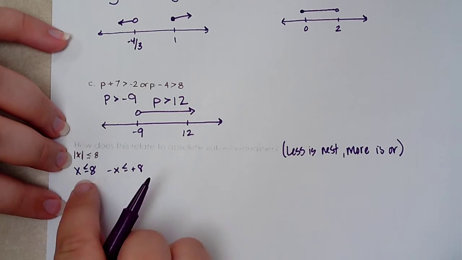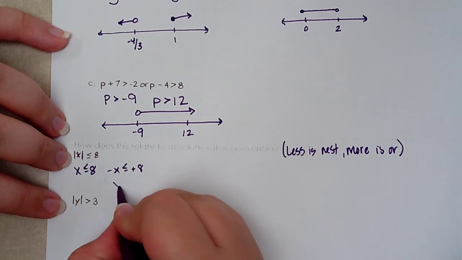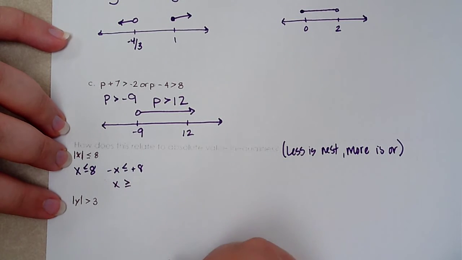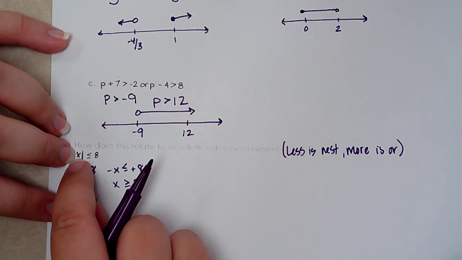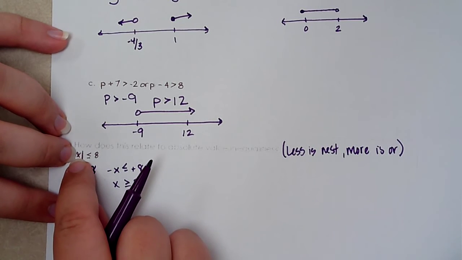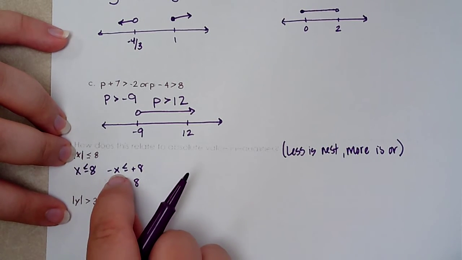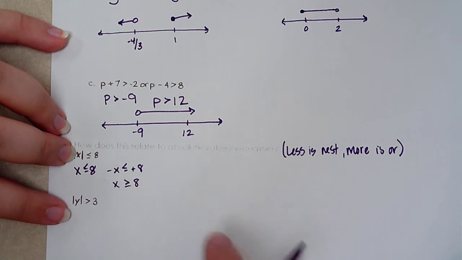My apologies. So when I solve this one, I'm going to get x is greater than or equal to negative 8, whereas this one is less than or equal to positive 8. Because remember, I can have a negative 8 in here, or I can have a positive 8 in here, so my inside can either be positive x or negative x.